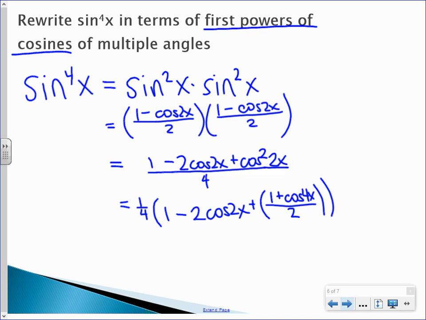Okay, well, we've gotten to the point where we are all in terms of cosine to the first power. Now we just need to make it look a little bit nicer. We have some division we need to perform and some combining of like terms.